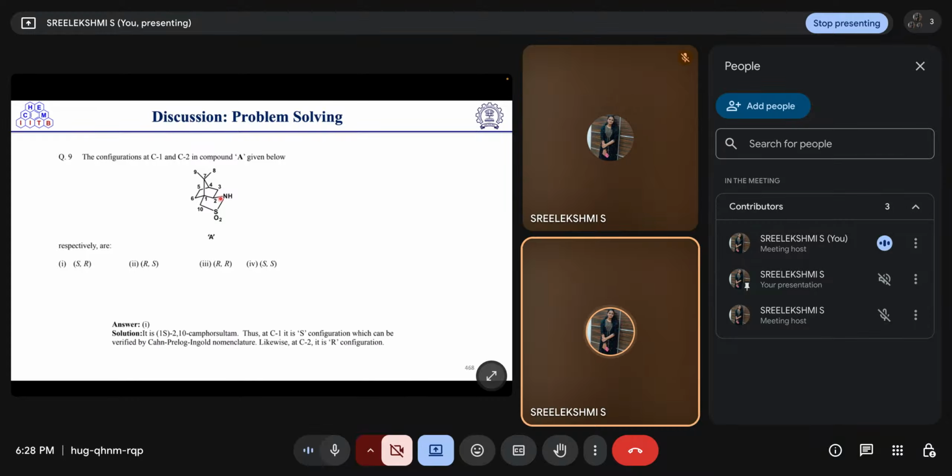As we all know, this can be done using Prelog nomenclature, and I'm not going into the detail. The C1 stereochemistry will have S configuration, and C2 will have R configuration. So the correct answer would be option 1.